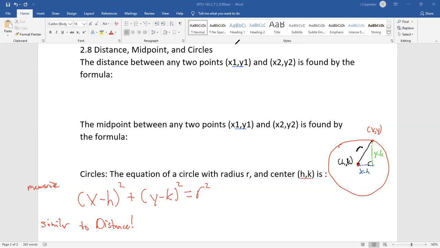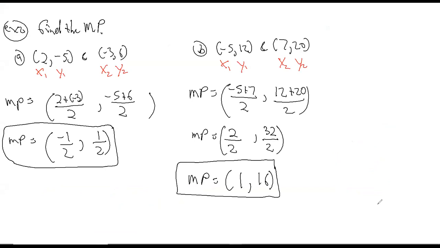All right, whiteboard. Example 3. We're going to write the equation of a circle, EQN, I'm abbreviating for equation, given the info.